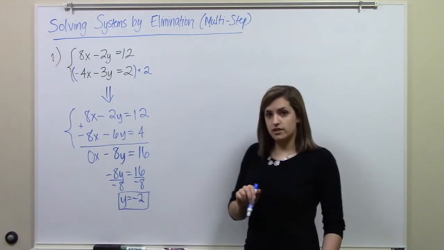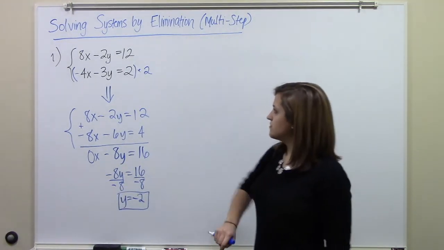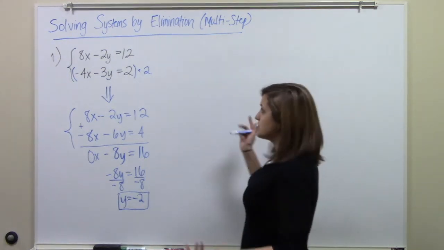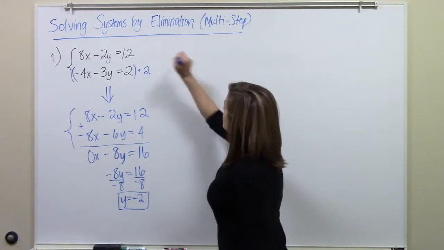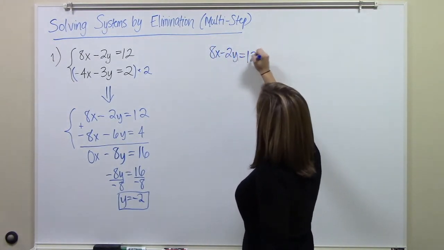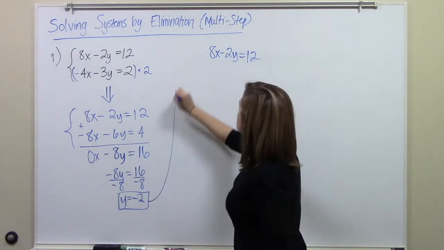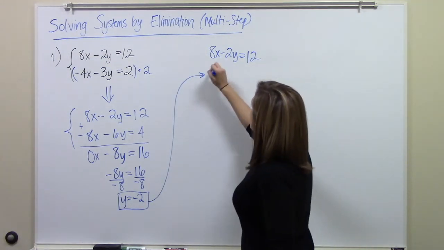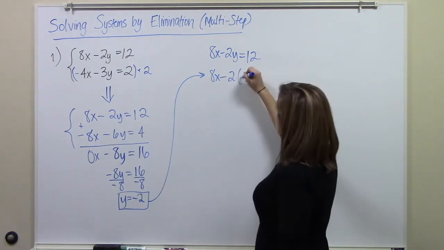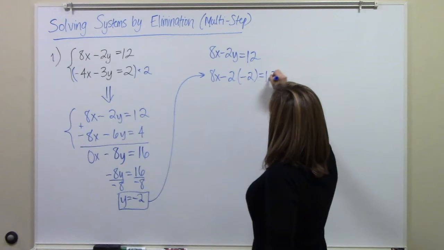So I have one of my variables solved for, and now I can plug this into either equation. You can choose which one you like. I'm just going to do the first one, so let's carry that over here. I have 8x minus 2y equals 12, and now I'm going to plug in what I know about y. So I'll get 8x minus 2 times negative 2 equals 12.